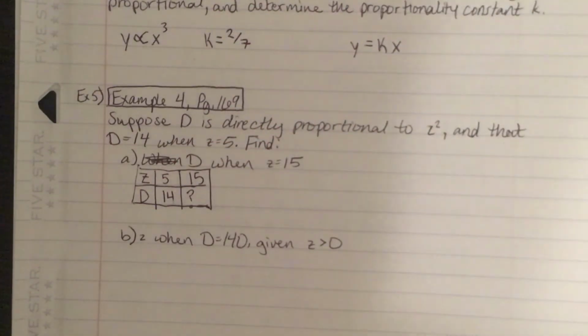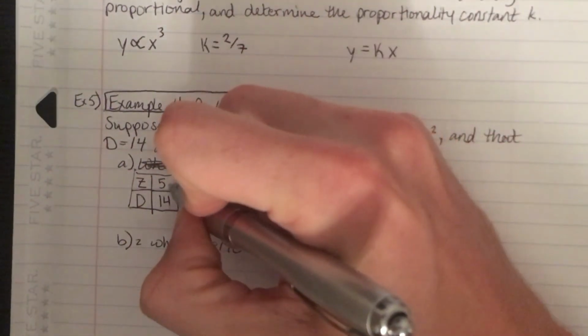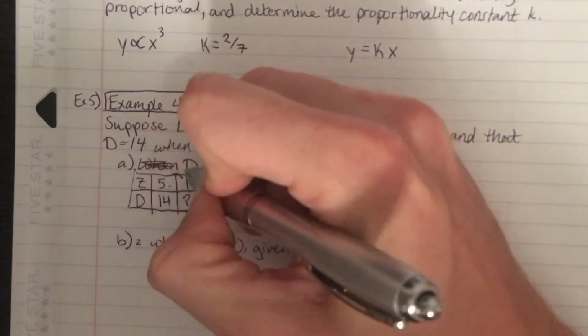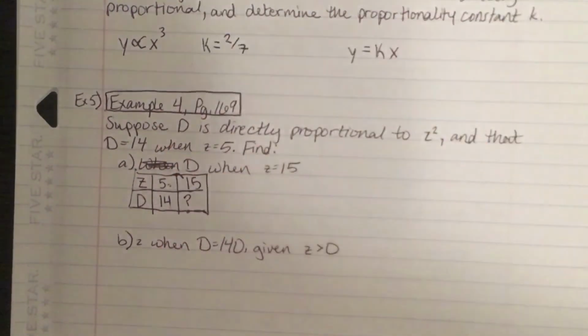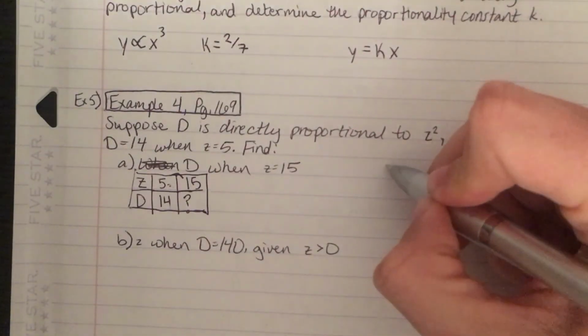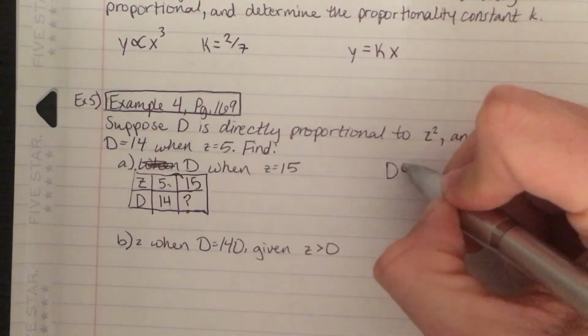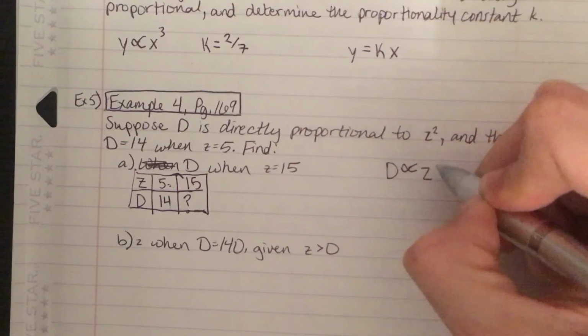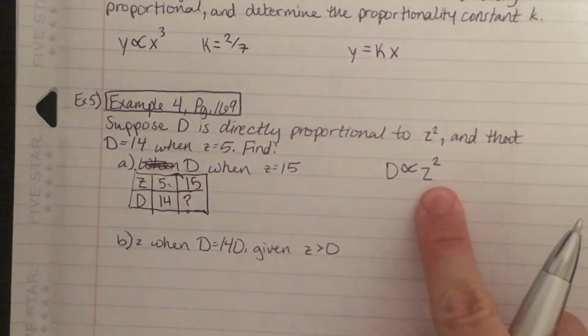Now, the thing that we've got to understand here, there is multiplication by 3 right here. From 5 to 15, those are being multiplied by 3. But the thing that is directly proportional here, D is directly proportional to Z squared here.